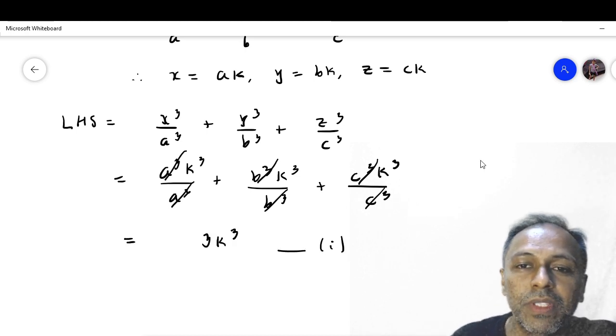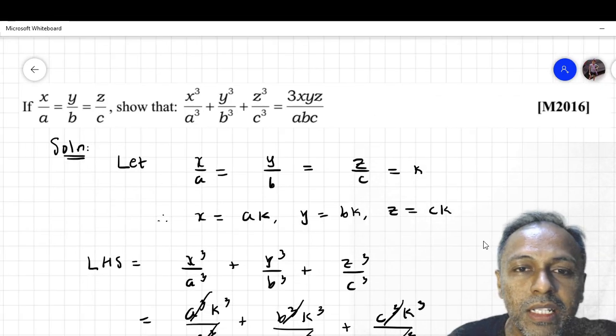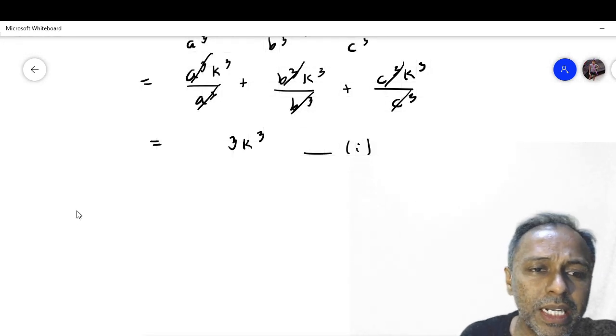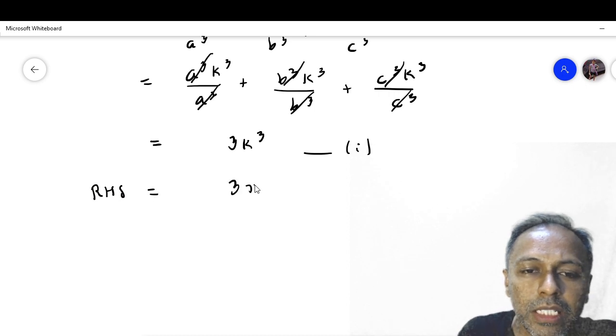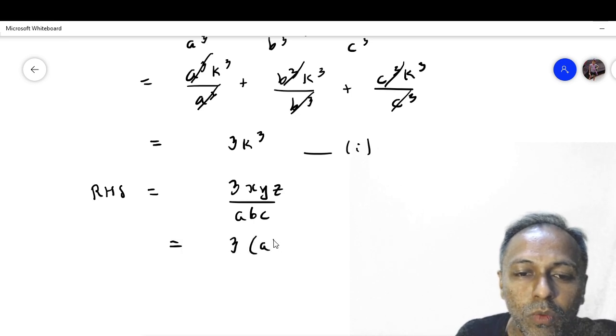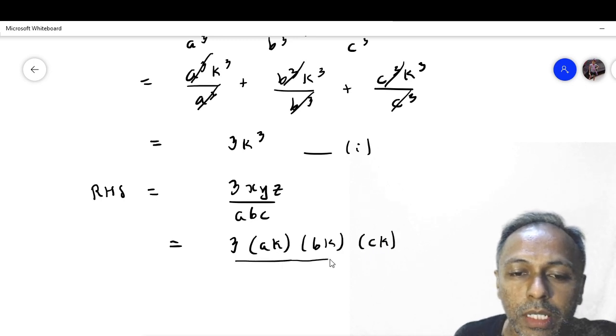That is equation 1. The right hand side was 3xyz upon abc. So let's write now right hand side as 3xyz upon abc. X is equal to ak, y is equal to bk, and z is equal to ck upon abc, let abc stay like that only.